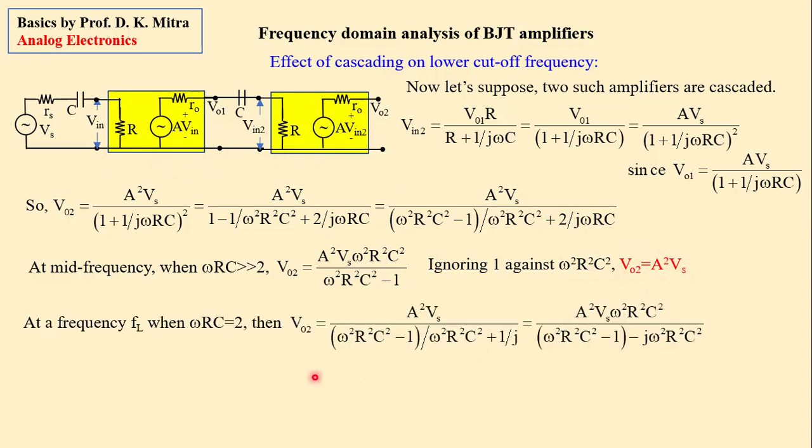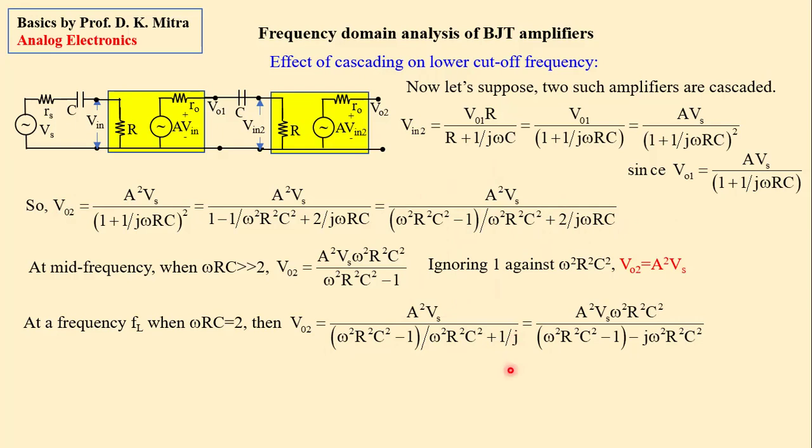But at a certain low frequency, where omega RC is equal to 2, the output becomes A square VS divided by omega square R square C square minus 1 divided by omega square R square C square, plus 1 by j.